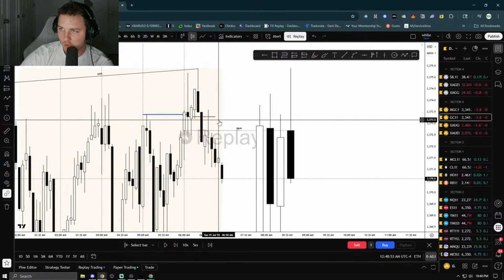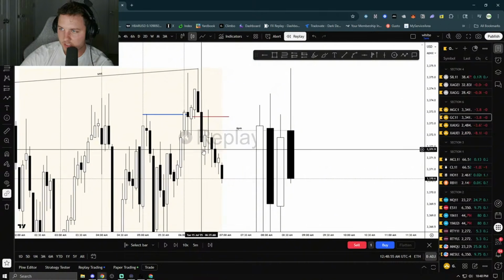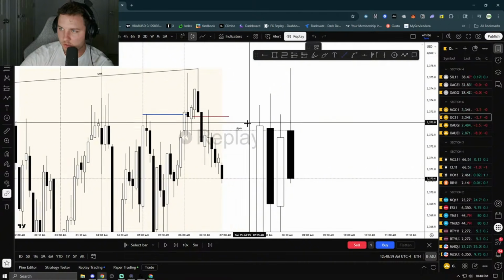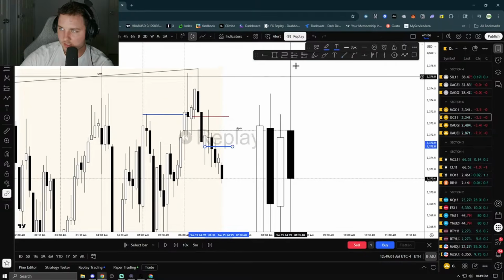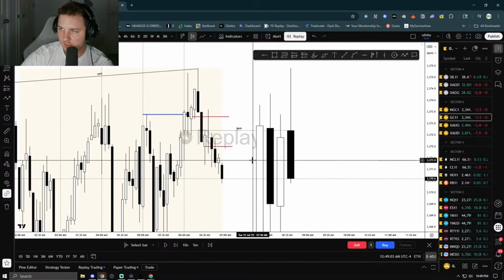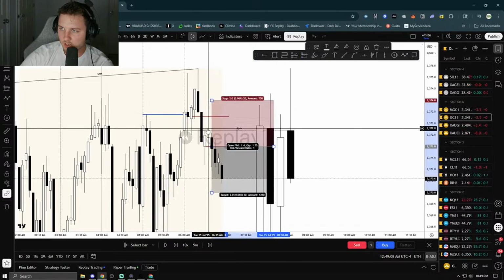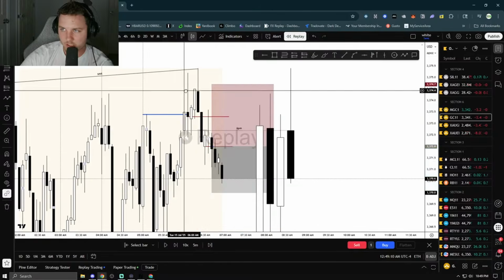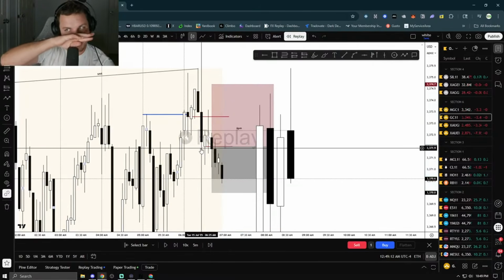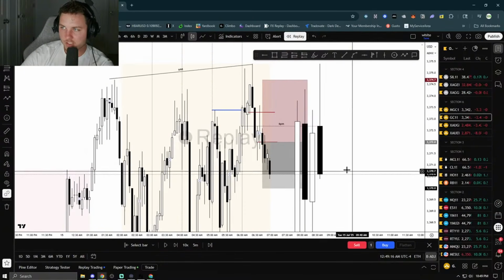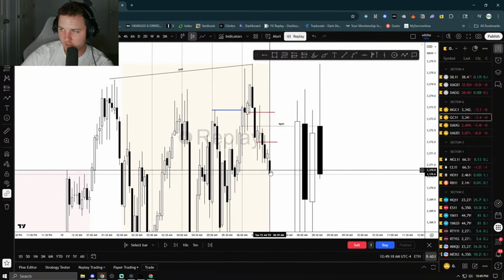So we create our first CISD and then we come up into what? Key level, close below CISD. Ideally, we have an SMT in here, and then you could trade this. This is more of the reversal signature because the 6 a.m. hasn't closed. So you could take this or wait for C3. So let's do that.